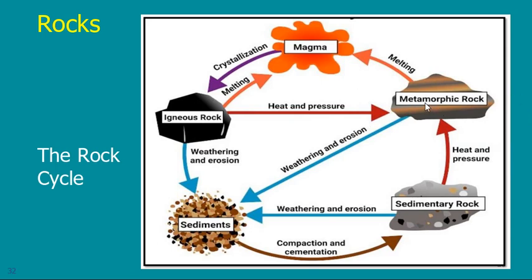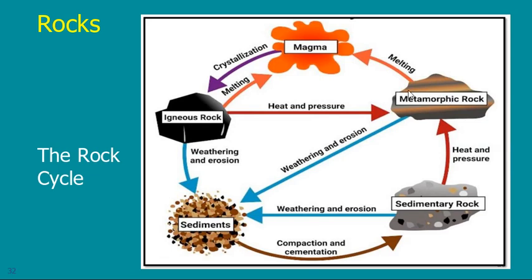But there is another thing here, which is the metamorphic rock or the igneous rock. It can change, because igneous rocks and metamorphic rocks can be found at places with very high temperature and pressure.